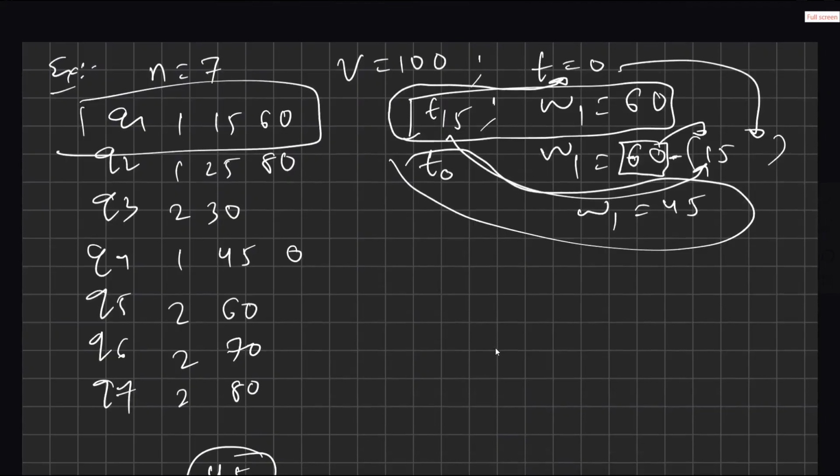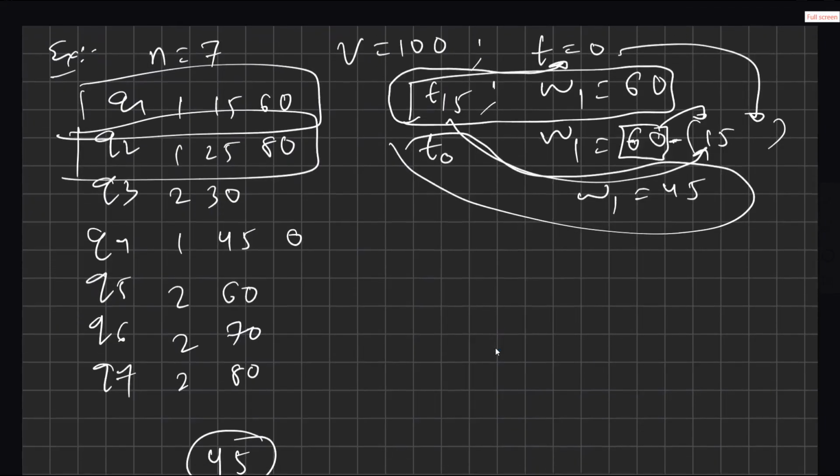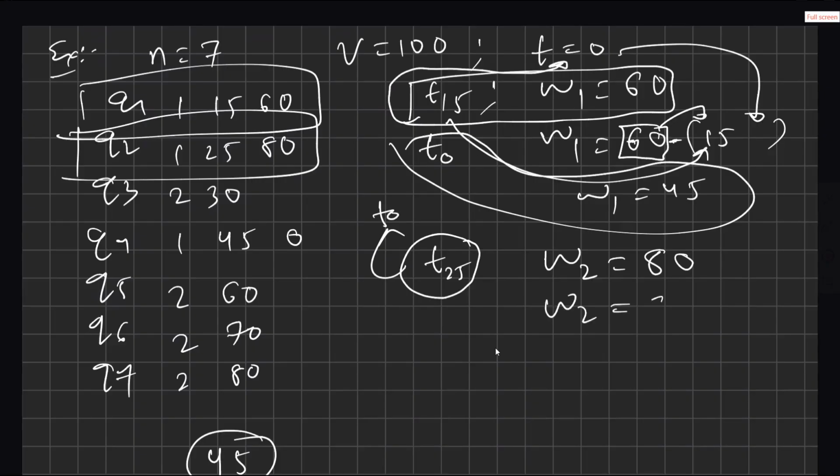Cool. Now we'll move to query 2. Query 2 again says we need to insert, at time 25, a battery whose voltage is 80. Looks cool. So what shall we do? We have time 25, we'll reference with time 0. So your W is going to be 80 minus 25, which is 65, yes, 70, no, it will be 55.